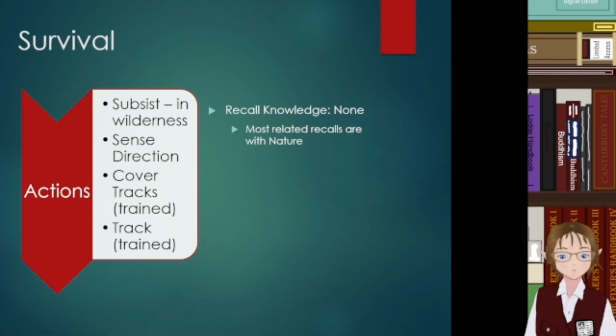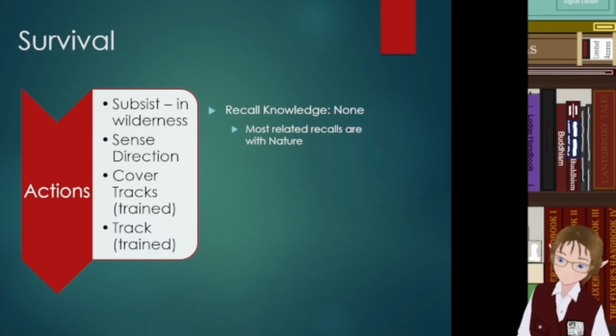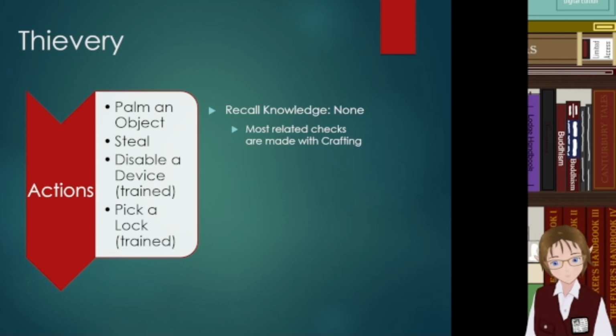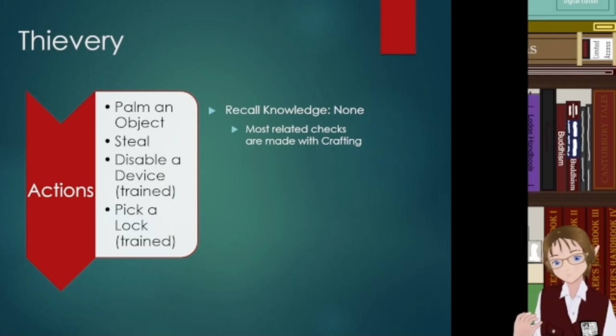Generally, survival is situational, but you should be aware of its existence for if you're trying to go for the wilderness, basically. The last skill is thievery. This is a dex-based skill, which is somewhat core because disarming traps is nearly always done with thievery.